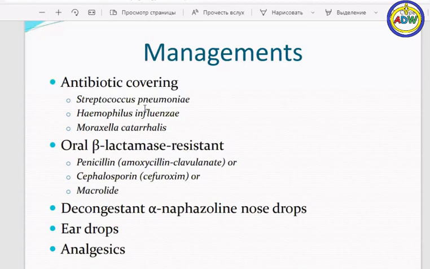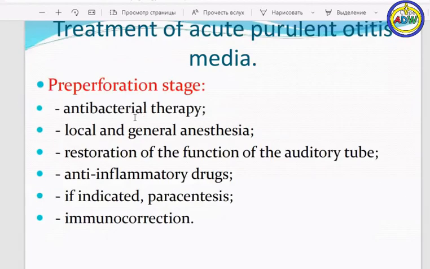Of course, these are the main treatments, some of the general therapeutic approach, but treatment depends on the stages. It's a little bit differentiated.